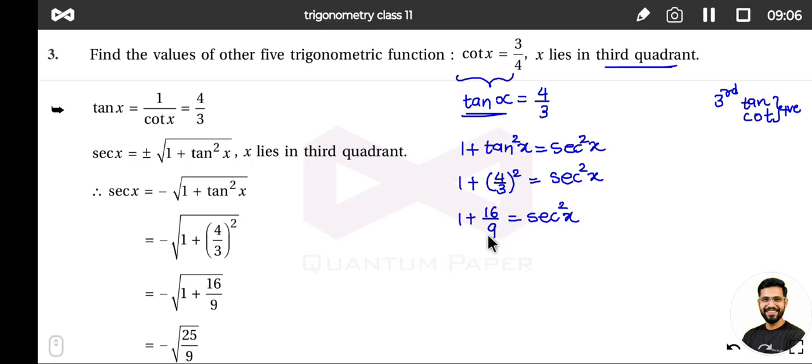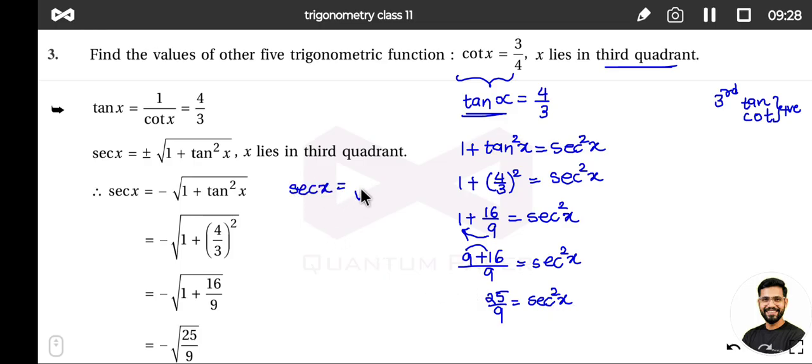If we do the cross multiplication here, 9 into 1, 9 plus 16, whole divided by 9, is equal to sec² x. So 9 plus 16 is 25. So 25 upon 9 is equal to sec² x. If we take the square root on both sides, we will get sec x is equal to root of 25 by 9.